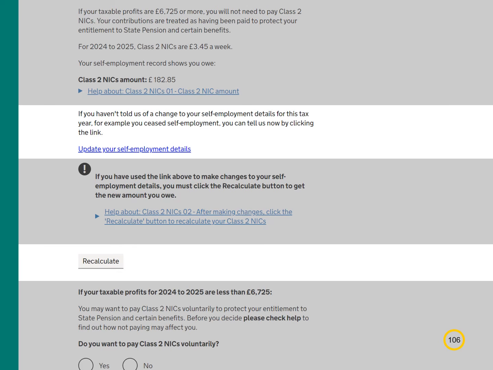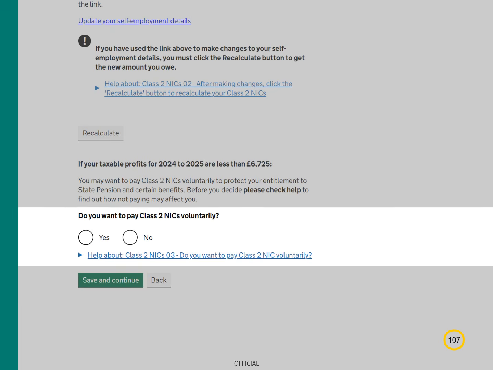Once you've done this, you must also select Recalculate to get the new amount. Once the amount is correct, to make voluntary Class 2 payments, select Yes. Otherwise, select No. Your full calculation shows any voluntary Class 2 national insurance contributions due to be paid.